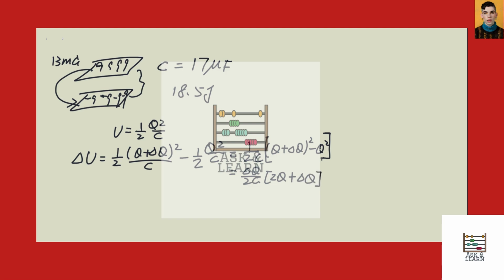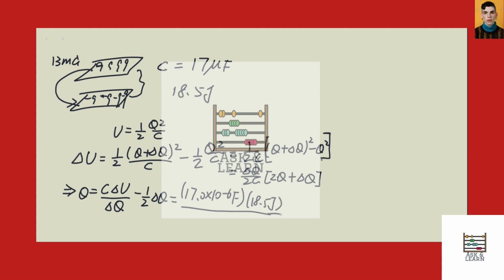Okay, so with this formula, we can now figure out the amount of charge: Q equals C times the change of potential in this whole system, which is joules, over delta Q, minus 1/2 delta Q. So that is 17.0 times 10 to the negative 6 times 18.5 joules over 13.0 times 10 to the negative 3 coulomb, and still we have to subtract 1/2 times 13 times 10 to the negative 3 coulomb.